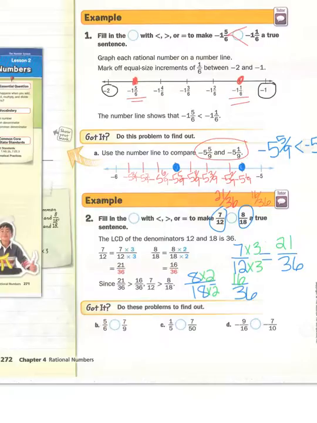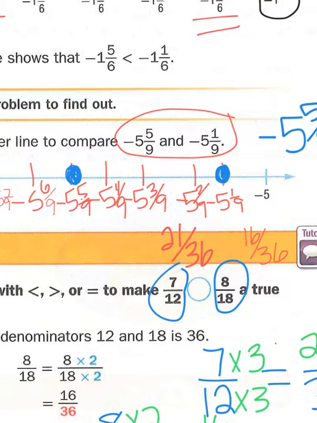Okay, these are two fractions that would be between 0 and 1. But whenever we have a common denominator, we can always just look at the numerators to compare the numbers. Okay, so 21 is a bigger number. Let's see if I can grab the highlighter here. 21 is a bigger number than 16.